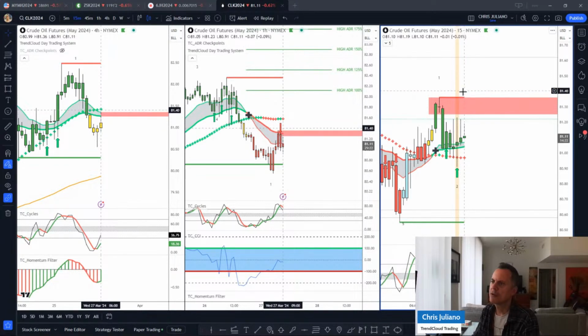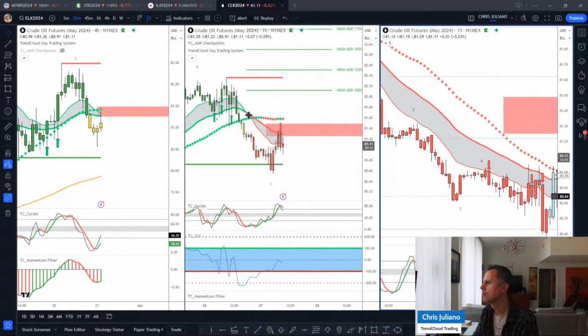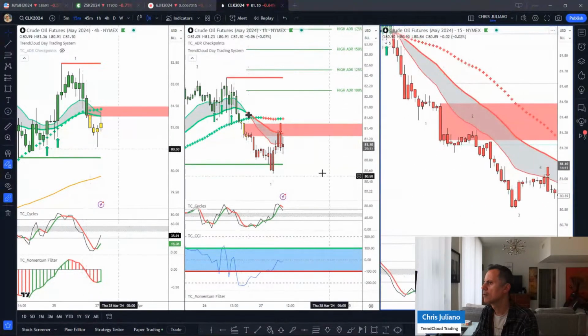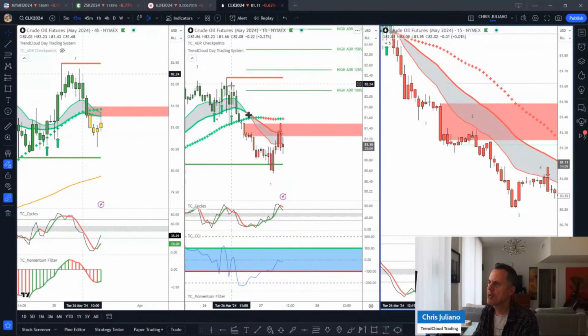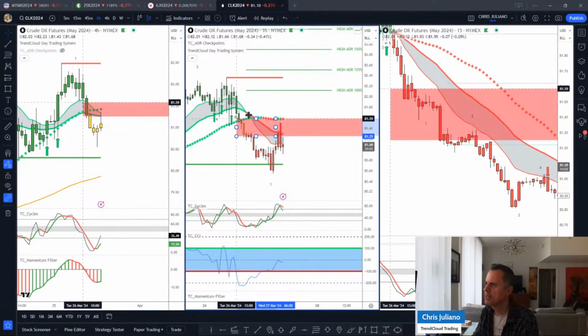And right here, why don't we do this? Drag that over. What's that showing us? That is showing a drop base drop right here on the 1 hour. We can box that out.